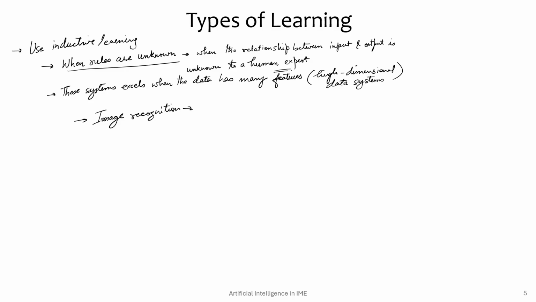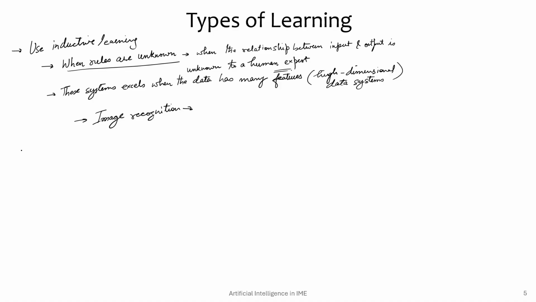So we have a very high amount of pixel data, and we need the system to learn that with a particular combination of pixels and their intensities and their color, we can identify whether the animal is a cat or dog. So this is the image recognition problem that is a part of inductive learning systems.